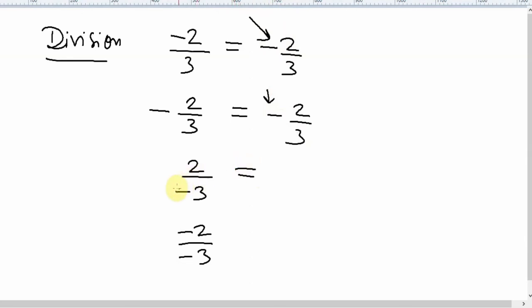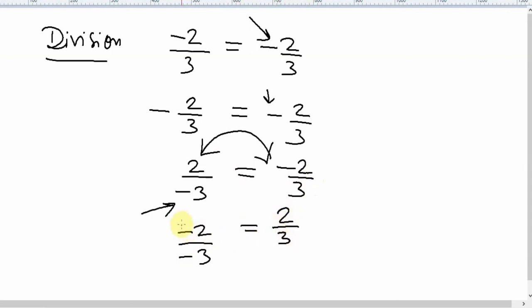Also, in this case we have a symbol in the denominator. We never write the symbol in the denominator; we bring it to the numerator. These two are the same thing. It can be explained also: if you multiply the numerator and denominator by minus, the numerator will be negative. Now the third thing: when both are negative, they get cancelled and it becomes plus.